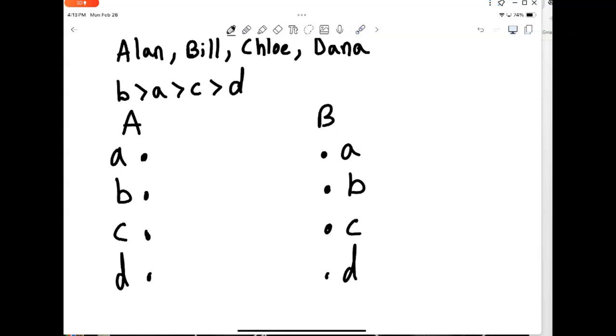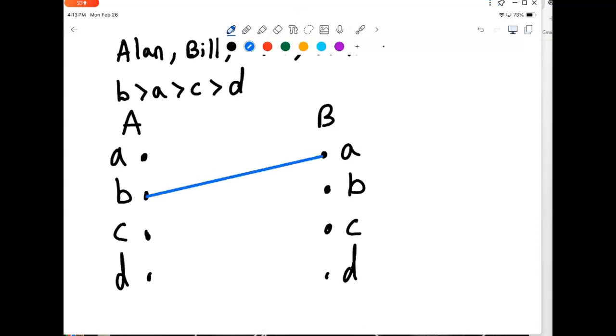And that's what we actually find out here as we look at Bill. Bill we know is taller than Alan, so we can draw a line from Bill to Alan to indicate that Bill's related to Alan. But Bill's also taller than Chloe, and Bill is also taller than Dana. So we have a line going from B to all 3, except Bill's not taller than Bill. And then we can keep going.